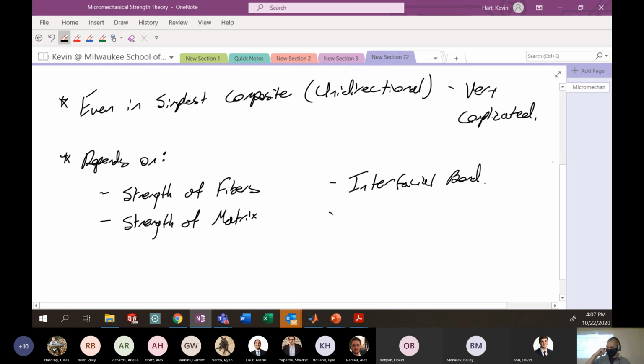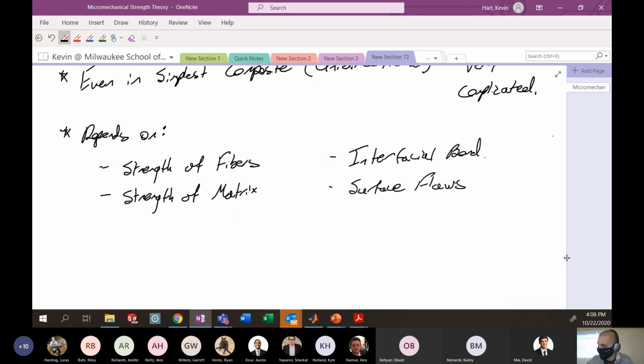All right, it could depend on surface roughness or surface flaws. This is more of a fracture mechanics theory, but kind of rears its head in strength theory as well. Could depend on voids, if you have voids on the inside. Could depend on previous damage, like if you have any previous plasticity, that could also affect.